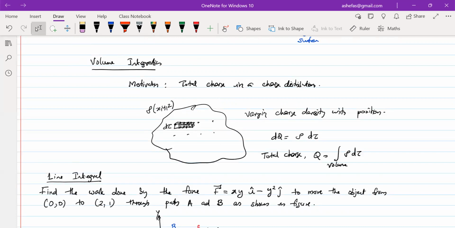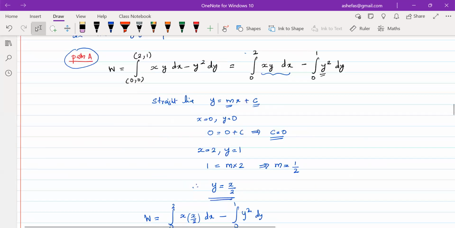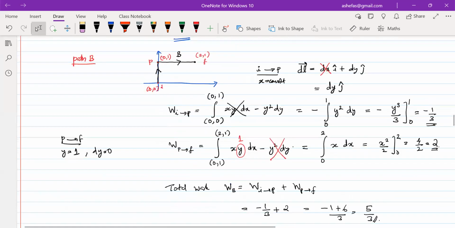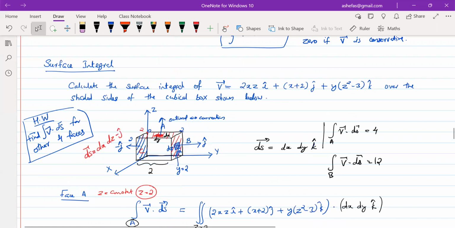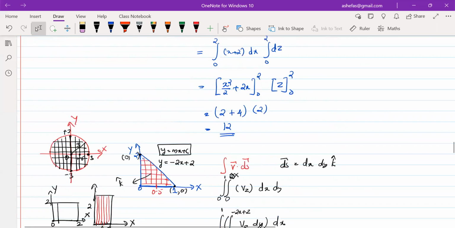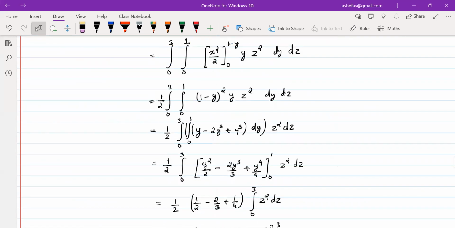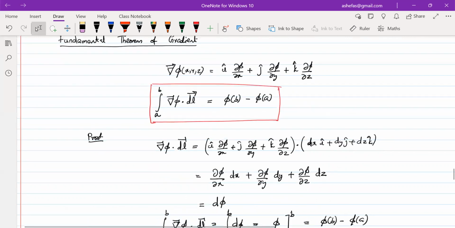We have discussed the theorems in integral calculus, basically the fundamental theorems of gradient, divergence, and curl. From the fundamental theorem of gradient, we can show that the conservative vector field can be represented in terms of the gradient of some scalar field, and those scalar fields are called the potential in general.